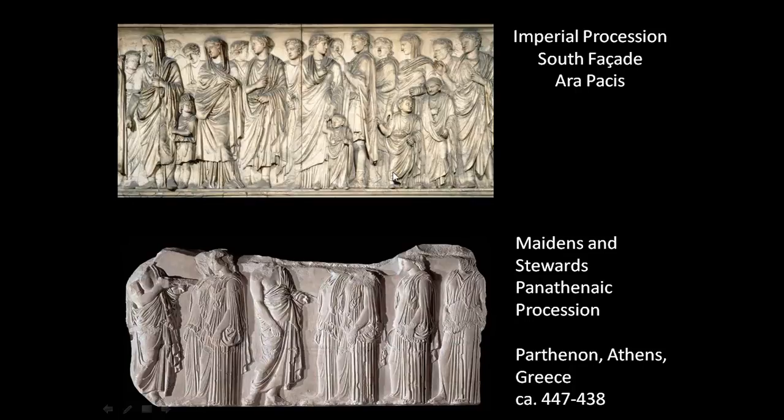So it's interesting, why would Augustus want to replicate or refer to this image? It goes beyond simply this Greek influence that's so characteristic of Roman art. What he's trying to do is connect himself and his legacy to the grandeur of Greece.